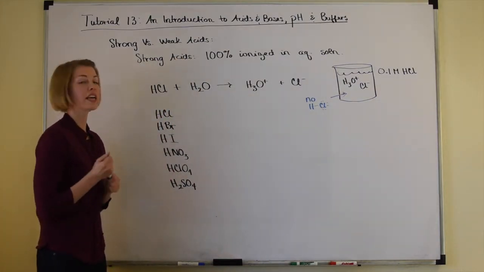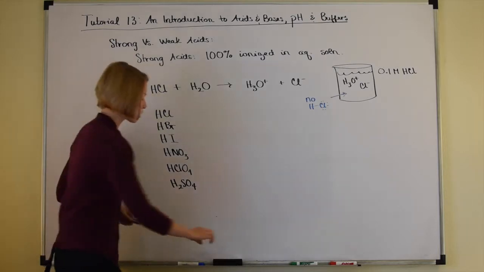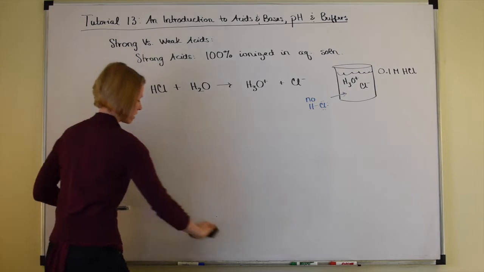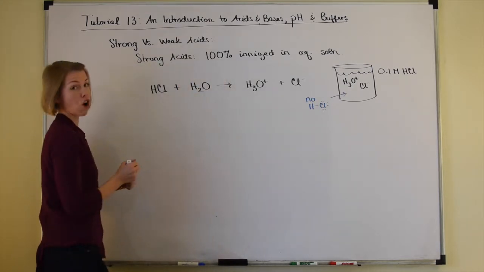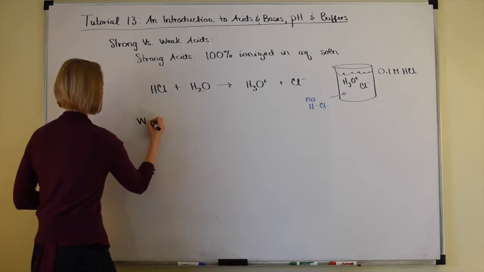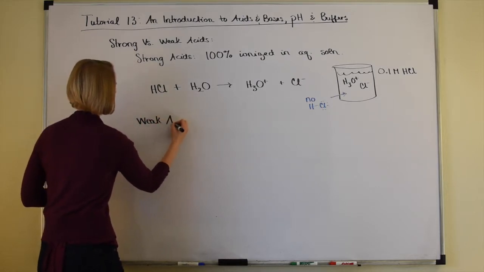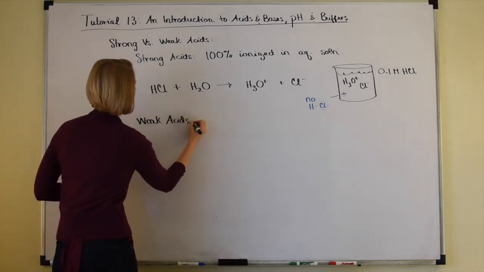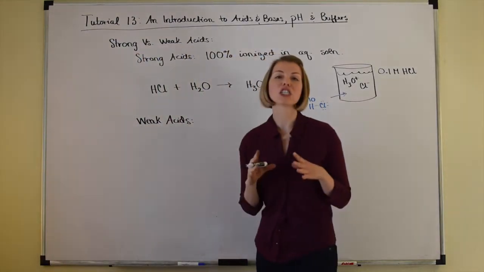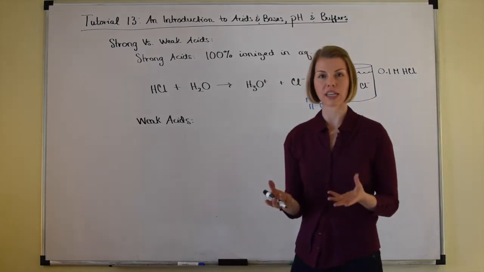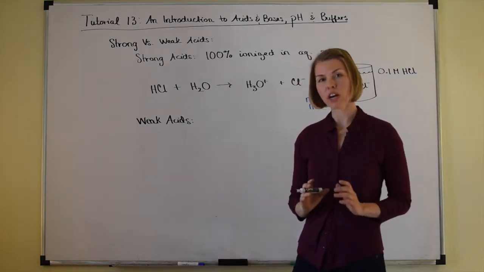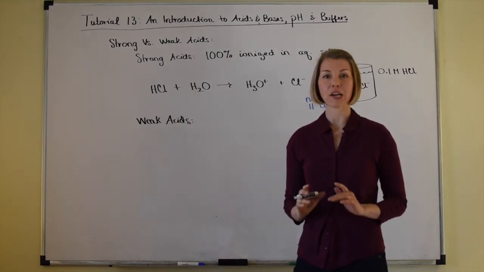All right, so what then is a weak acid? I'm just going to erase these 6 strong acids, because I want this definition for a strong acid still up here on the board. And we're going to talk about weak acids. Okay, so a weak acid would be an acid that does not give up its H+ as easily, and therefore is not 100% ionized in an aqueous solution.